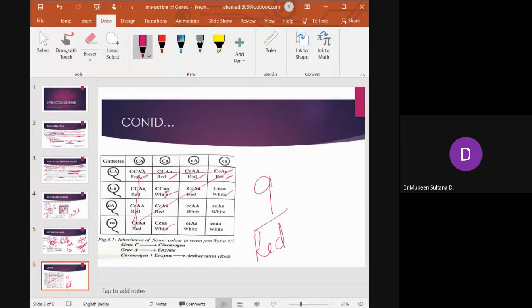Here you have anthocyanin, but no chromogen, so this is also white. And finally, no chromogen and no anthocyanin, so white flower. So this is the ratio of 9 is to 7. This is the ratio of complementary genes.